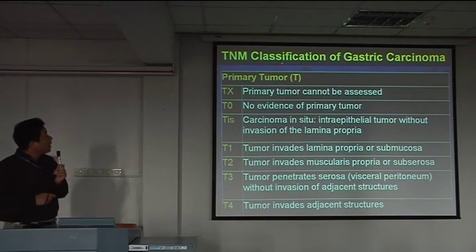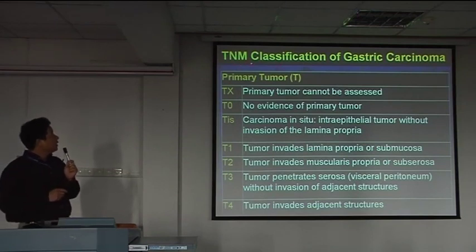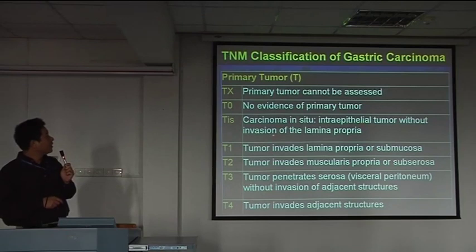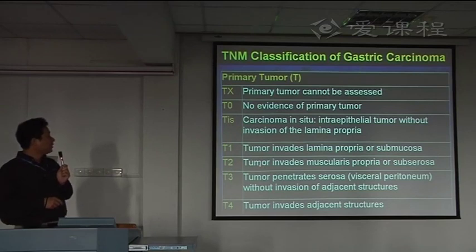This is the UICC TNM classification. T0, there's no cancer. Tis, that is cancer in situ, means the cancer is located in the mucosa. T1, the tumor invaded the submucosa. T2, the tumor invaded the muscularis propria or subserosa.